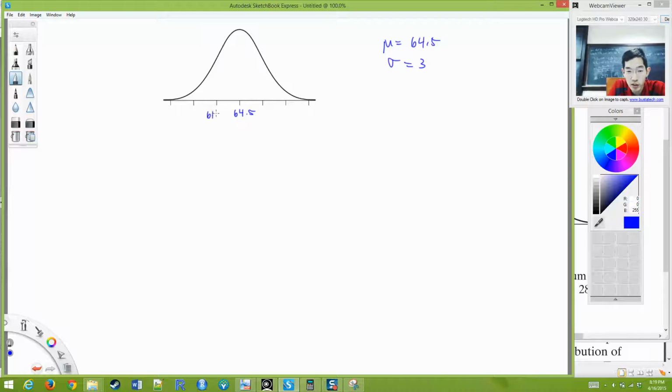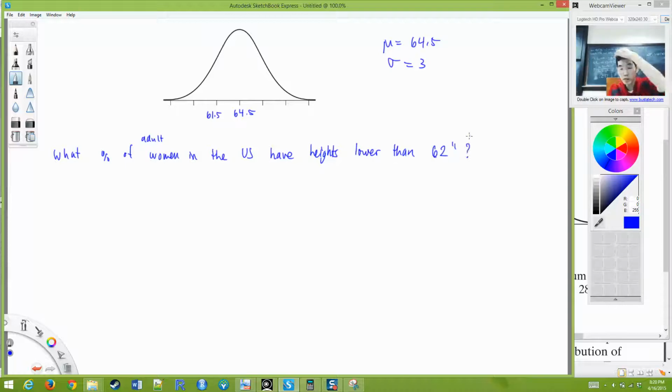So if I didn't ask 61.5, but I said what percentage of adult women in the US have heights lower than 62 inches?